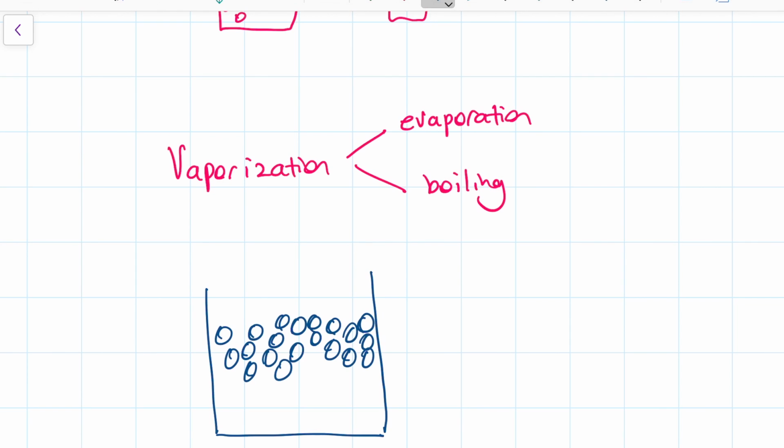Now, a liquid molecule on the surface of that liquid will be able to evaporate if it has enough kinetic energy to, quote, break free or leave the surface of the liquid. So liquids can vaporize if they have sufficient kinetic energy and if they're near the surface of the liquid, that molecule can vaporize.